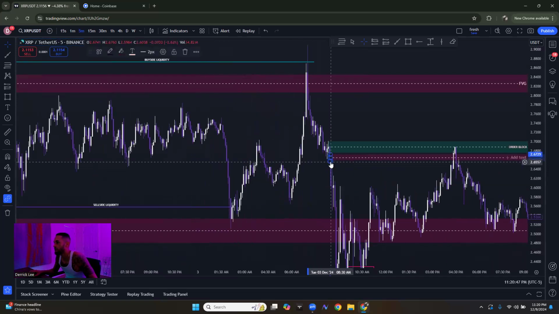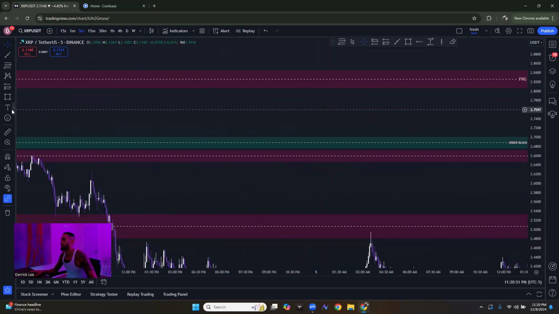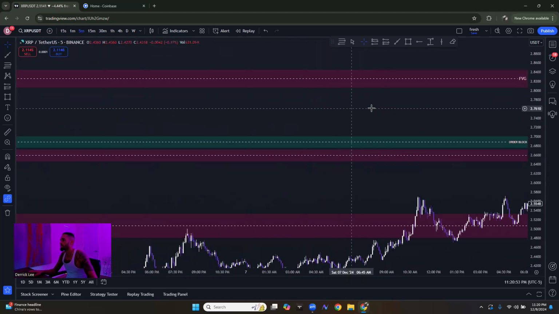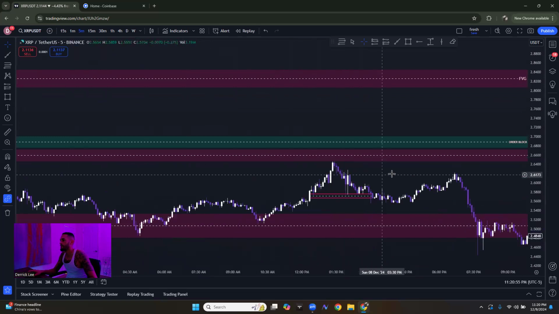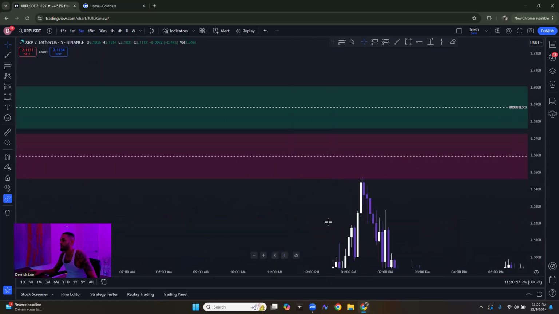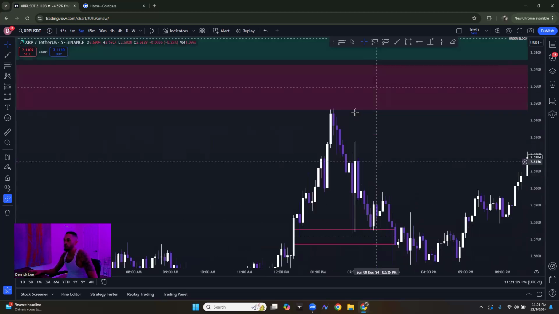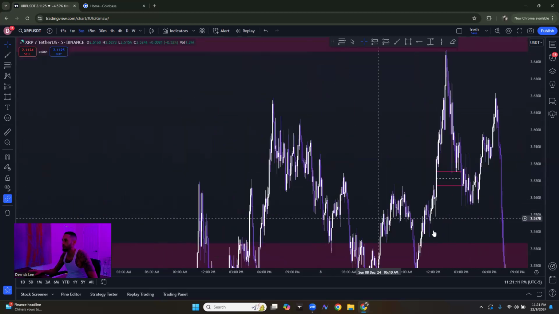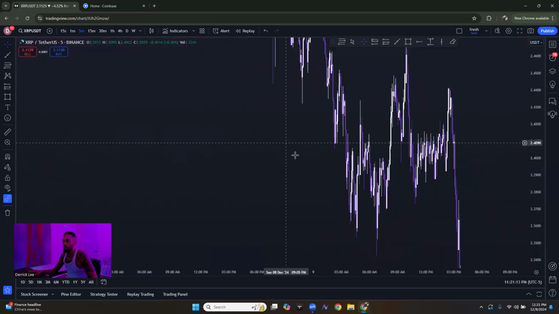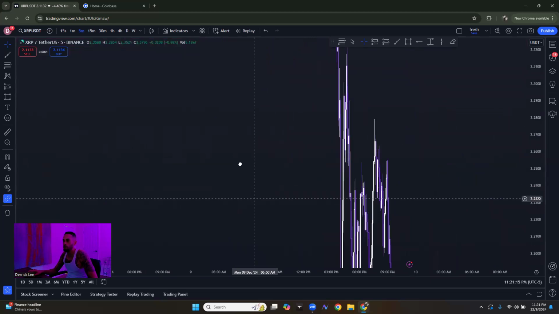There we go. 3 times. This is no coincidence. The algorithm came back and referred to this price level. Exactly. All it had to do was engage that price level for us to see lower prices. That's all it had to do.